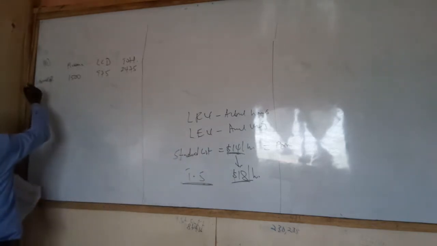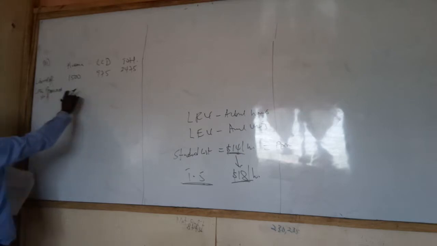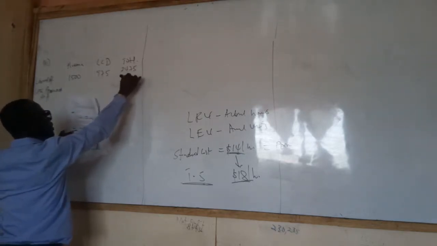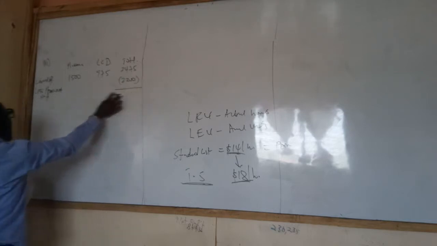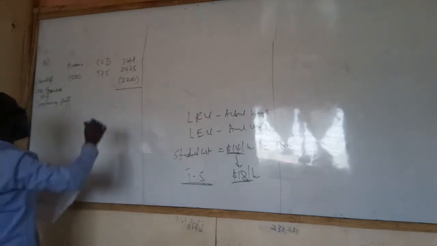Hence, we will less the permanent staff hours. What is their hours? That is the capacity we have, which is 2,200 hours. Can you see that? Meaning, the difference will be the hours from the temporary staff. How many do we have? 275.